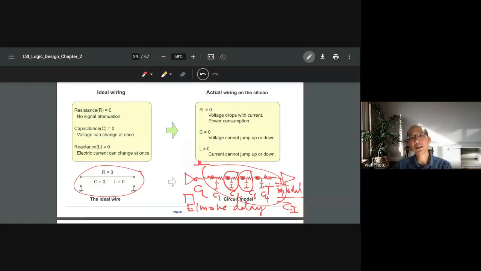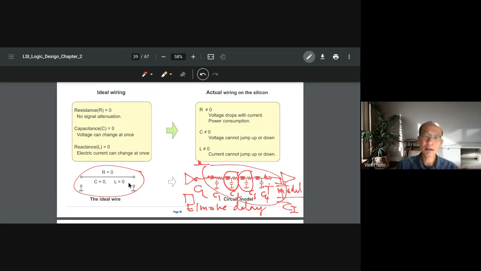Which is the signal in the circuit. The signal on the left is the ideal wiring, which in the old days had zero resistance, zero capacitance, and zero reactance, inductance. So with that, the circuit is like this, right?